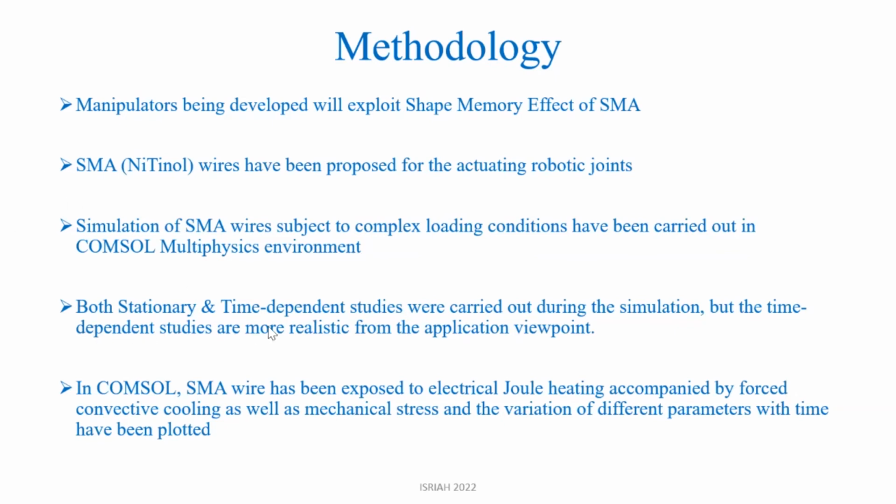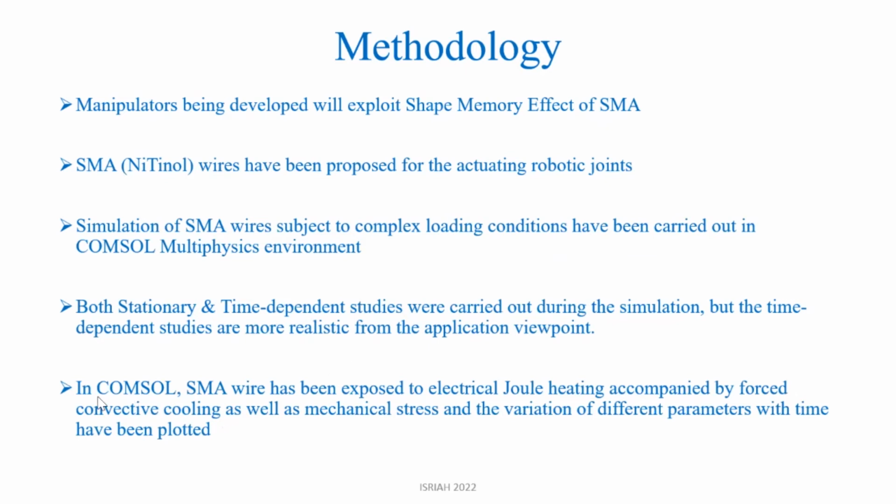We have done stationary and time dependent studies both, but from the application point of view, the time dependent studies are more realistic, because when it is applied in a robotic joint, it may be subjected to both stress and temperature.